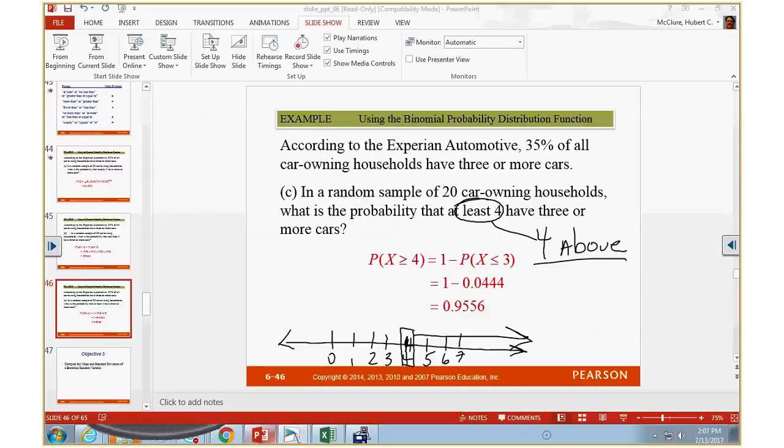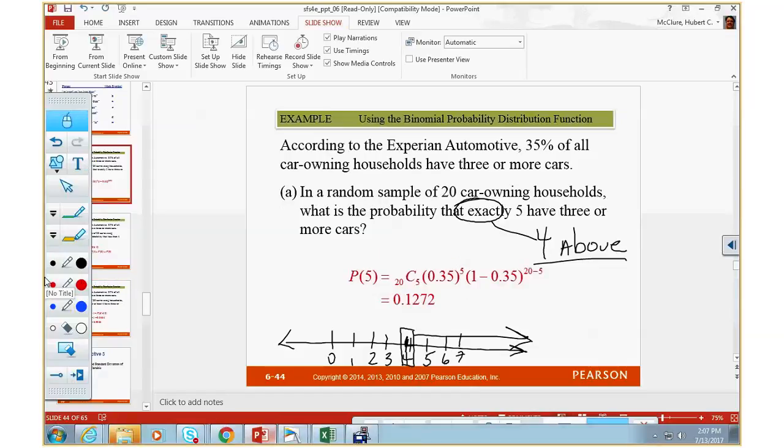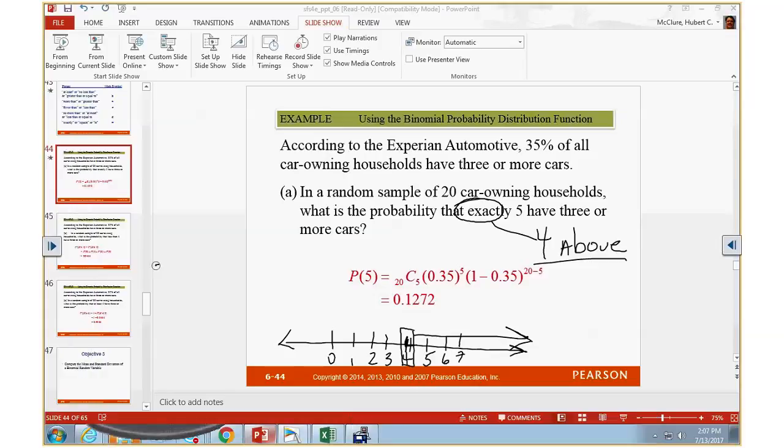Look at the initial question. Is this the initial question? 20. That's what I thought. Okay, so do NP4, NP5, NP6, NP7, NP8, NP9, all the way up to NP20.